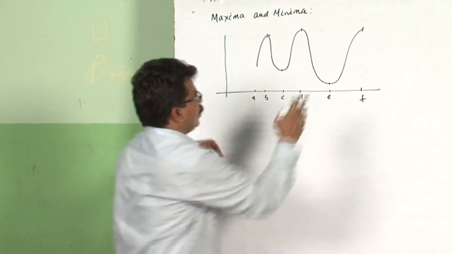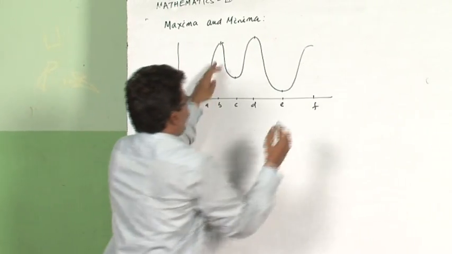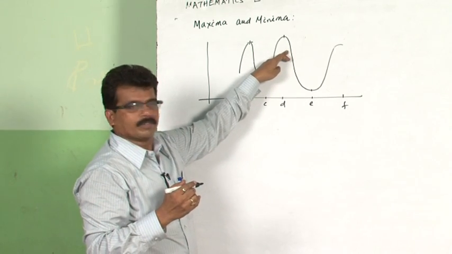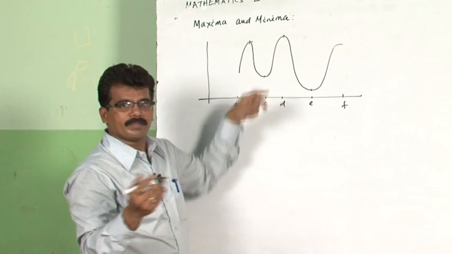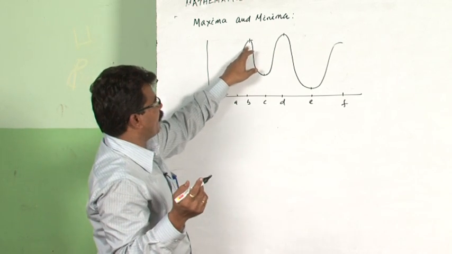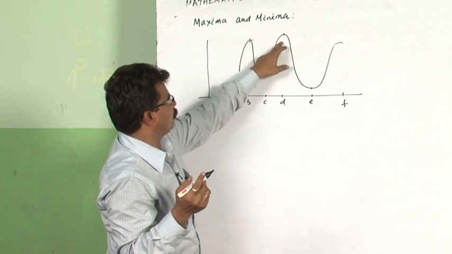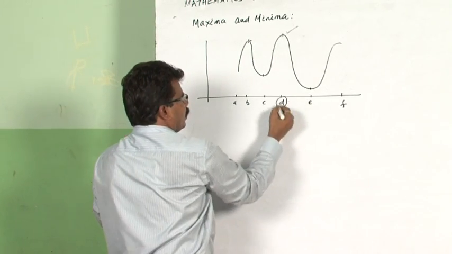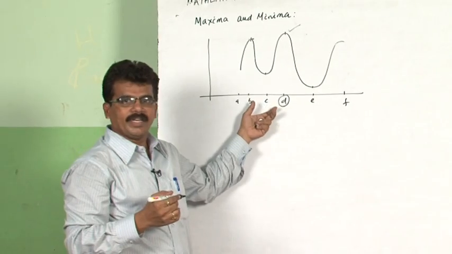The plural of maximum is maxima. Again, if you want the maximum, you take the maximum of the maxima. So, out of these two maximum values, the larger one is this. Therefore, at the point d, the function is attaining its maximum.